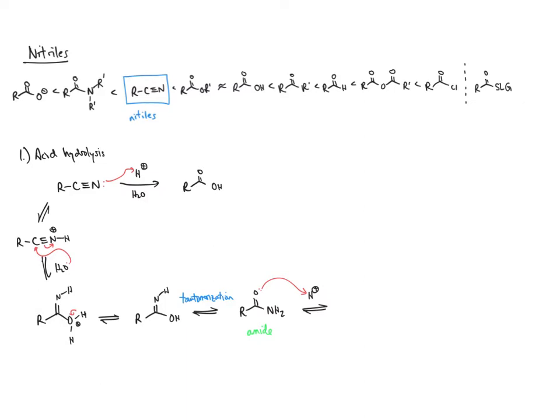And so we're going to protonate. That's going to give us a protonated amide. And then we get, again, nucleophilic attack by a molecule of water. That's going to give us a tetrahedral intermediate.